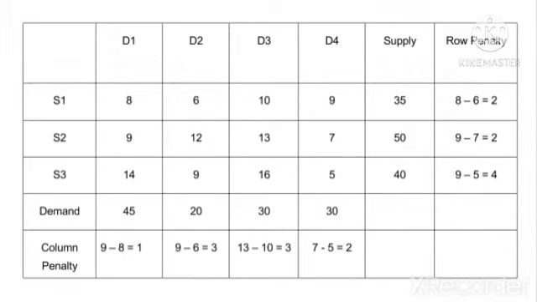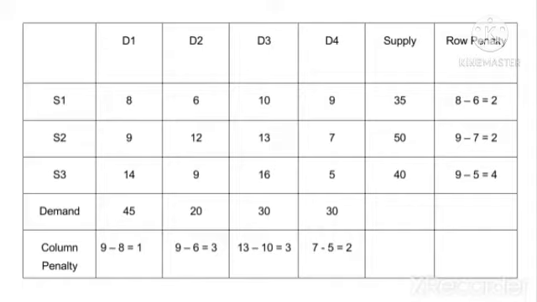For the first row, we have 6 as the least value and 8 as the second least value, so 8 minus 6 equals 2. For the second row, 9 and 7, 9 minus 7 equals 2. 9 and 5 for the third row is equal to 4.